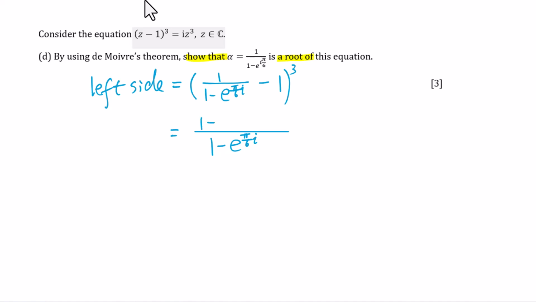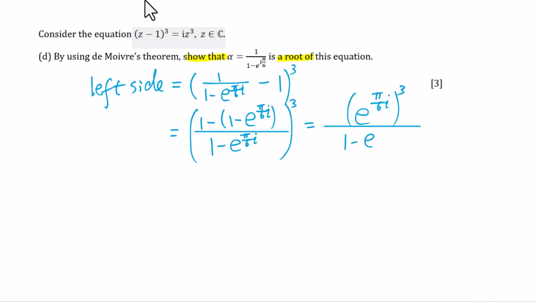Numerator: 1 minus e to the power of pi over 6i, then to the third power equals e to the power of pi over 6i to the third power. Denominator: 1 minus e to the power of pi over 6i to the third power. We can use De Moivre's theorem to work out the numerator, which is e to the power of pi over 2i.